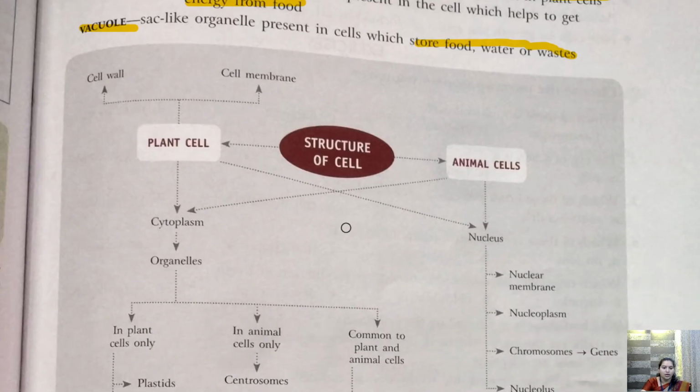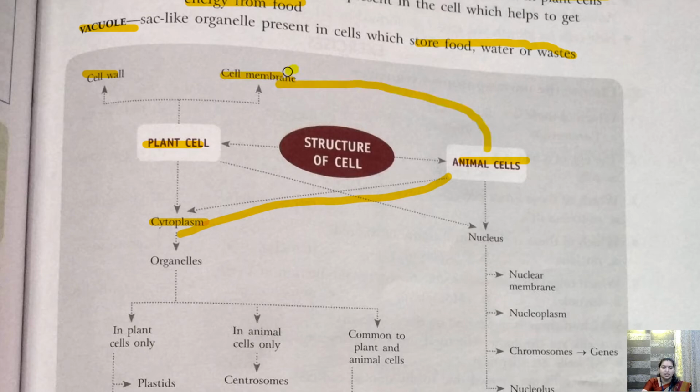Now coming on to concept map. Structure of cell. Okay. So if we talk about a structure of cell, we have two cells, plant cells and animal cell. So plant cell is having cytoplasm. Animal cell is also having cytoplasm. In plant cell wall and cell membrane both are present, but in animal cell only cell membrane is present.